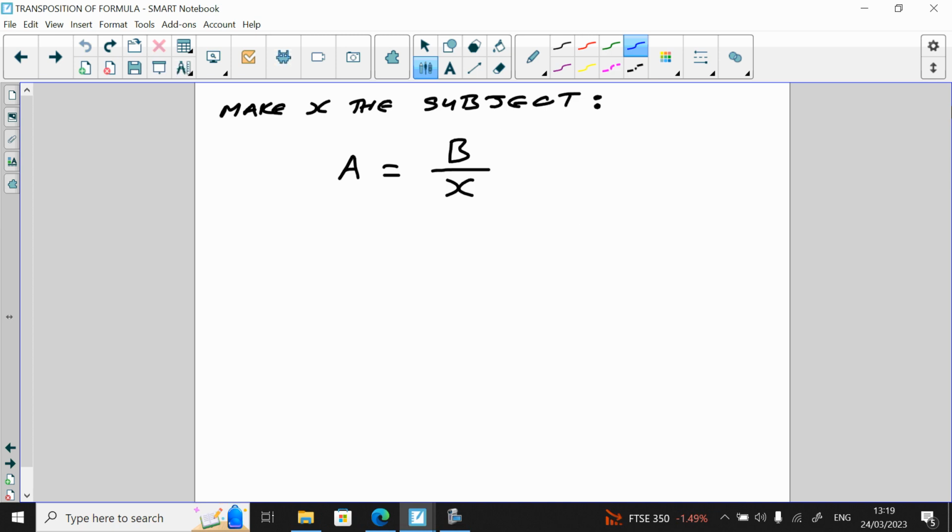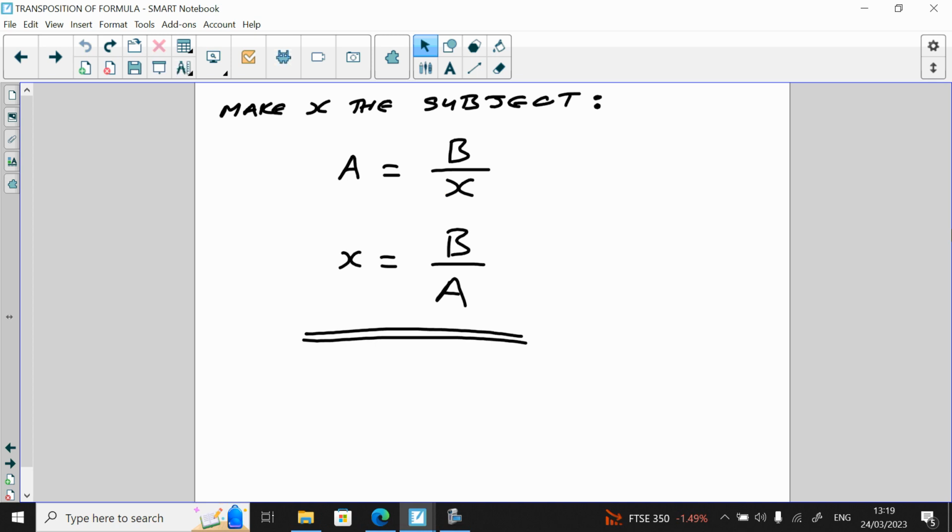Moving swiftly on. Oh, problem. X is on the bottom. Okay. So, there's a little trick here. If x is in the bottom, you can just swap that with whatever's on the other side. Swap it completely.